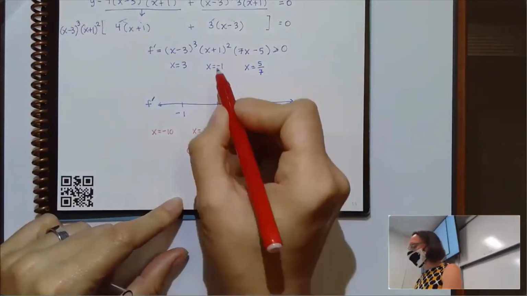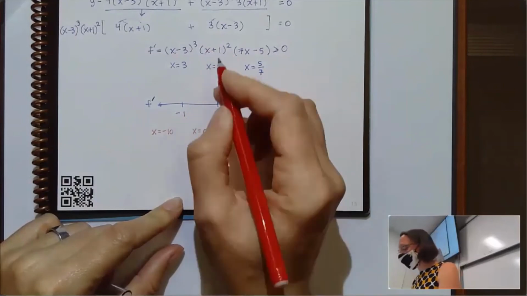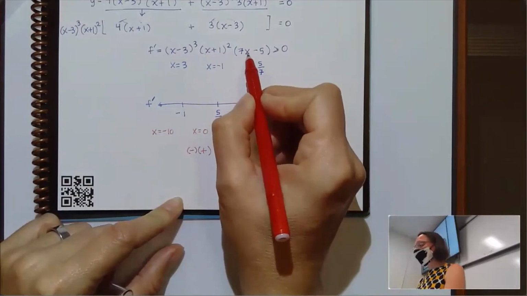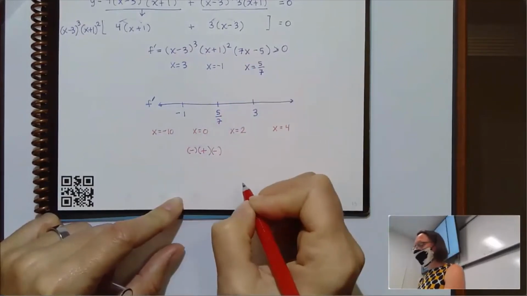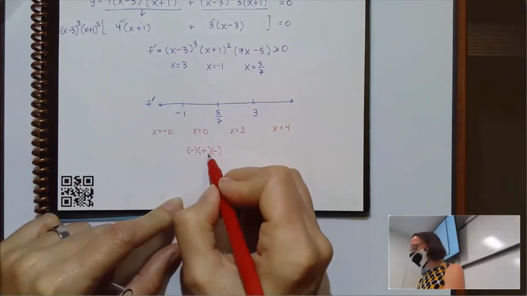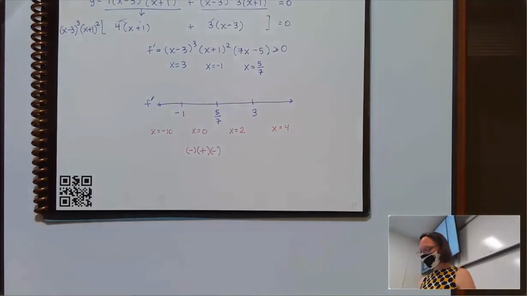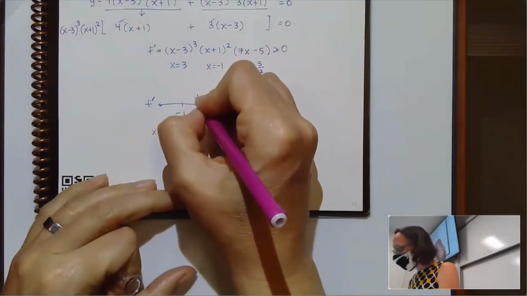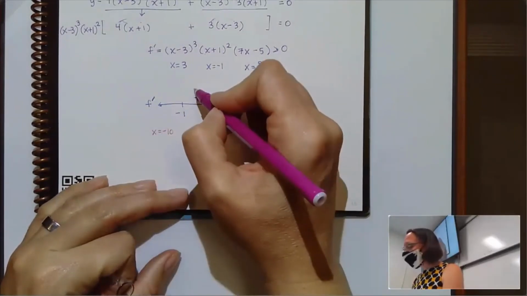When I plug in 0 here, 0 plus 1 is positive, and when I square it, it's still positive. When I plug in 0 here, I just have -5, which means it's negative. And a negative times a positive times a negative means overall we're positive. And if my derivative is positive, it means my graph was going up.